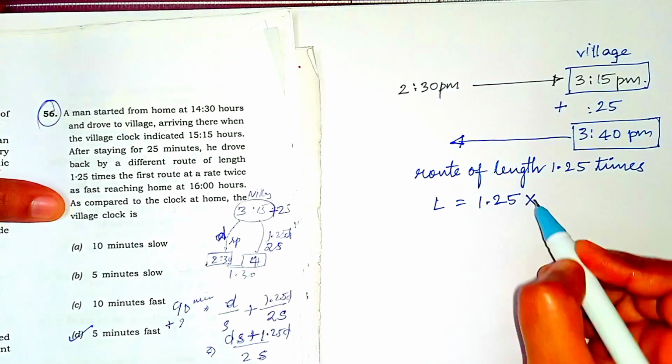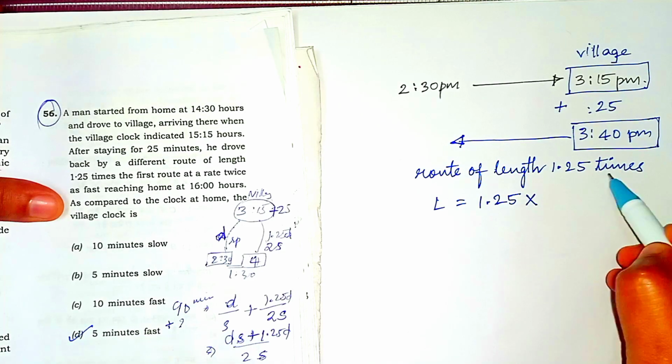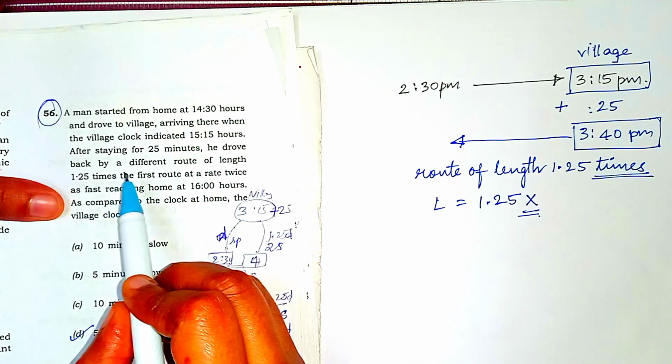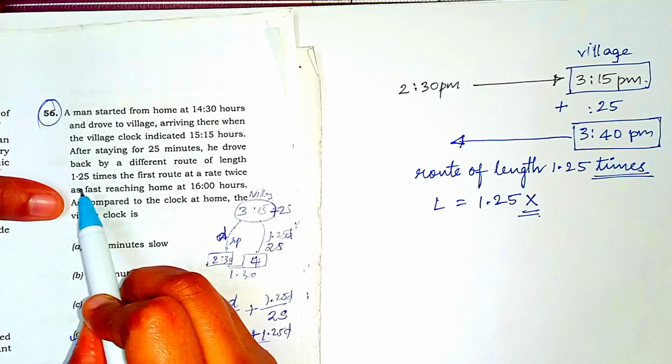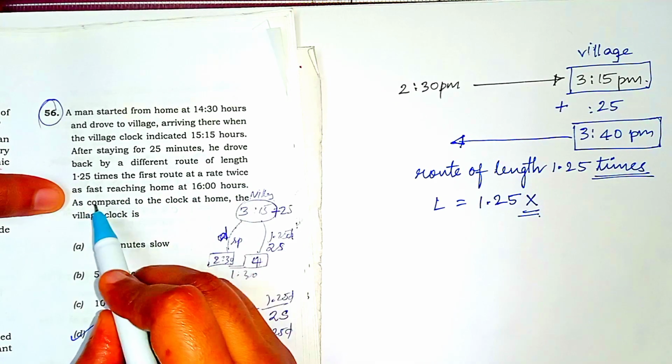Times here is multiplication and not the regular time that we use for the clock. Times is multiplication. So they are saying that he drove back by a different route of length 1.25 times the first route at a rate twice.